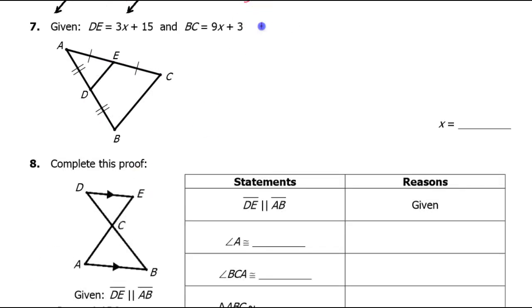For number 7, we're going to use something called the Mid-Segment Theorem. That looks stupid. Mid-Segment Theorem, you know what I'm saying. These tick marks tell us that D and E are midpoints. That makes DE a mid-segment.